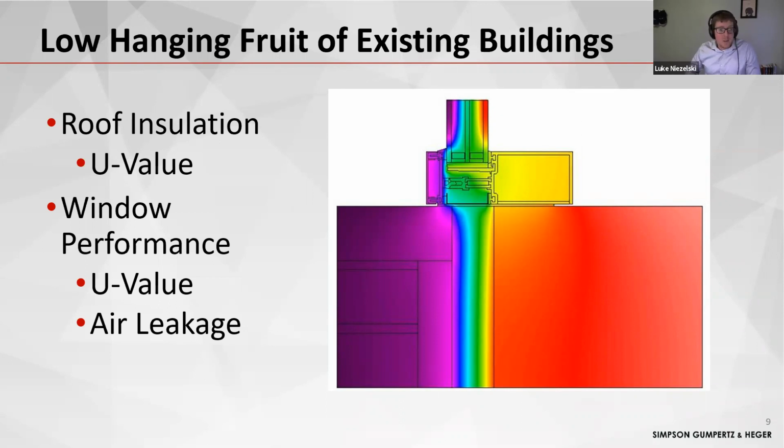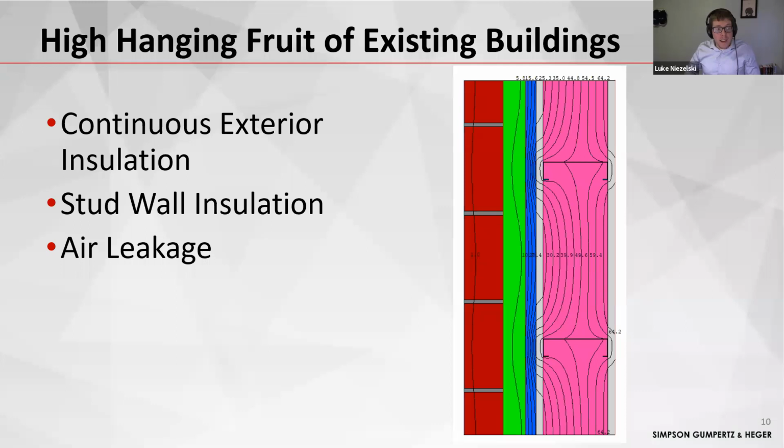And then we get to what I'm calling the high hanging fruit of existing buildings. These areas often don't require change. Sometimes you are choosing to do these things. You can't normally do these options without being very destructive to building occupants. Continuous exterior insulation, stud wall insulation.